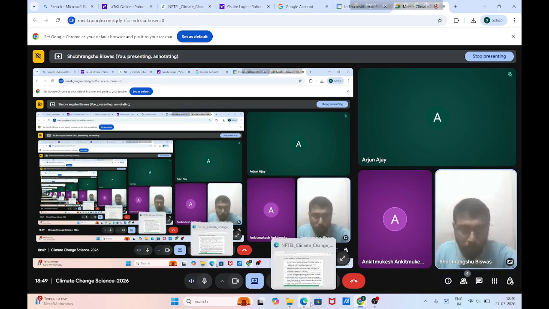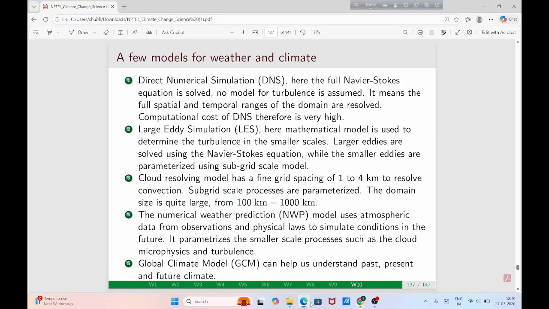That's why they use different proxies or parameterizations for approximating subgrid scale processes. Subgrid scale processes are the processes which happen at smaller scales that we do not exactly capture, but we give some proxy values which might be close to the originally obtained value.